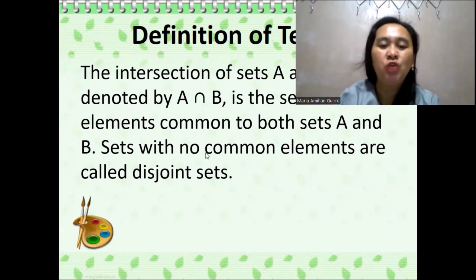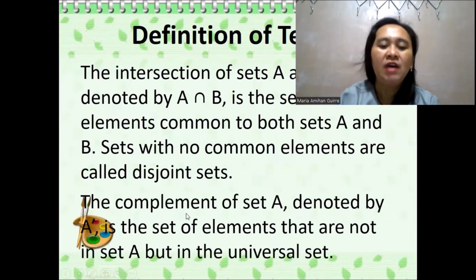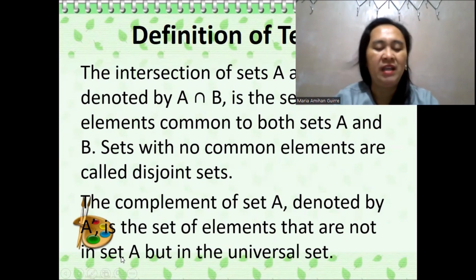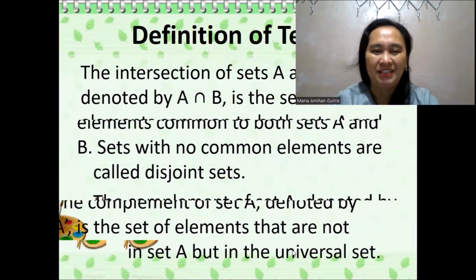And sets with no common elements are called disjoint sets. The complement of a set denoted by A prime is the set of elements that are not in the given set but are the remaining elements in the universal set.